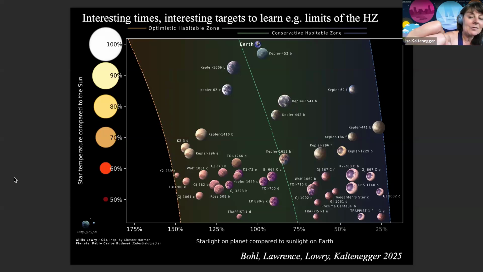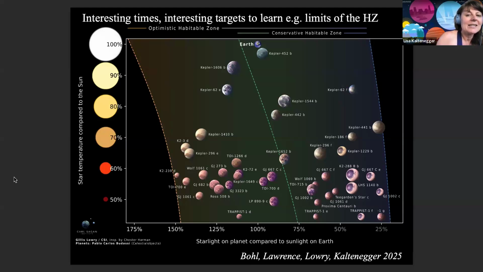So yes, of course, we want to find planets that are similar in irradiation. That's what you see at the bottom, how much light they get compared to modern Earth from their star. But it's also important to figure out what those are like on the edge. We call them planets at the edge, and they can tell us much more about where habitability ends or what kind of properties a planet needs to have for there to be potential water on the surface.